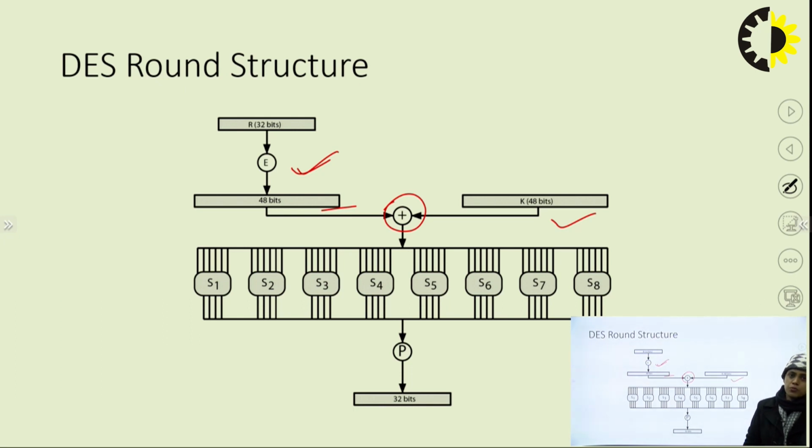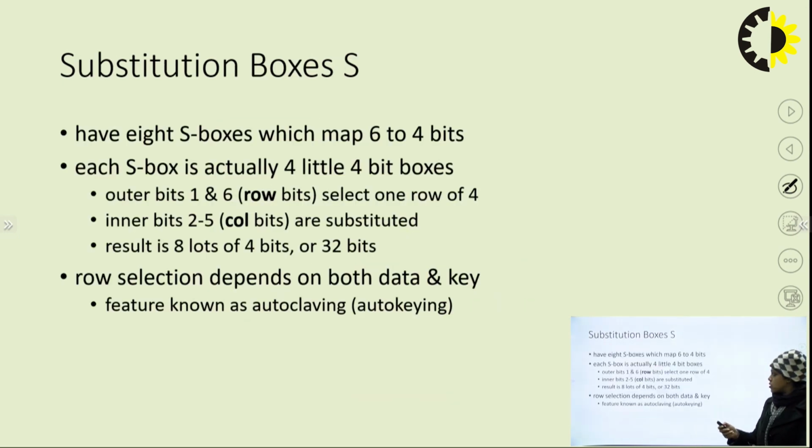What are these substitution boxes doing? They are channelizing these 6 bits to 4, 6 bits to 4 like this, and in total we have 8 S-boxes. And finally, we have 32 bits.